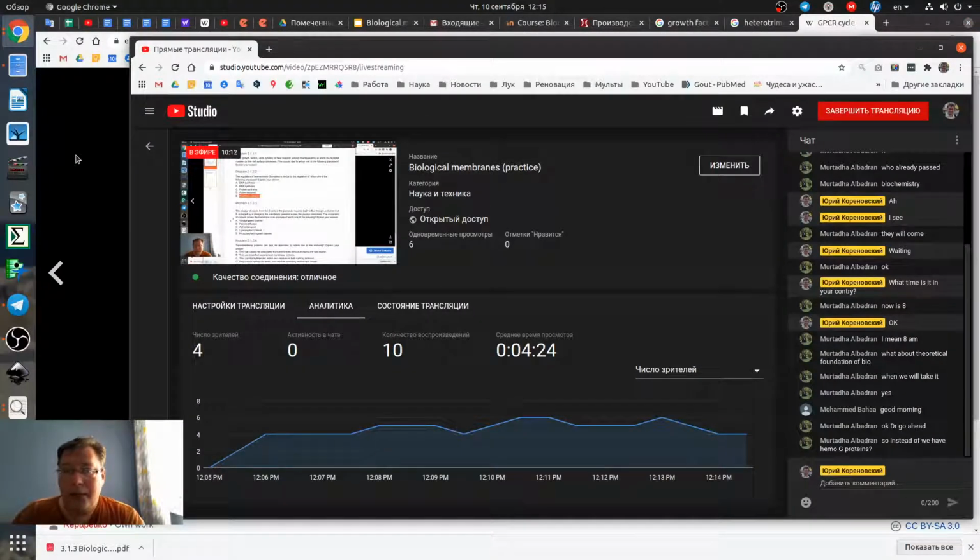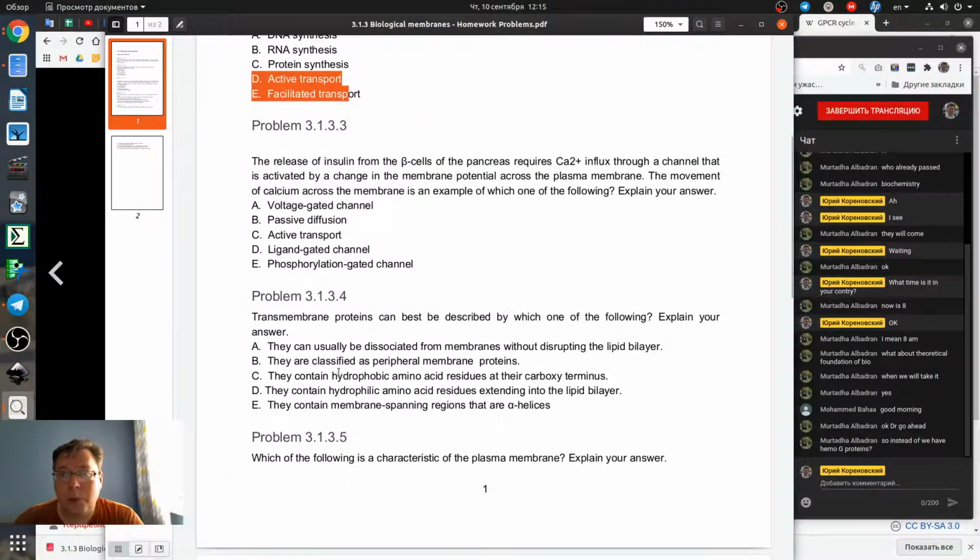All right. The next question. Problem 3.1.3.3. The release of insulin from beta cells of the pancreas requires calcium ion influx through the channel that is activated by a change in the membrane potential across the plasma membrane.